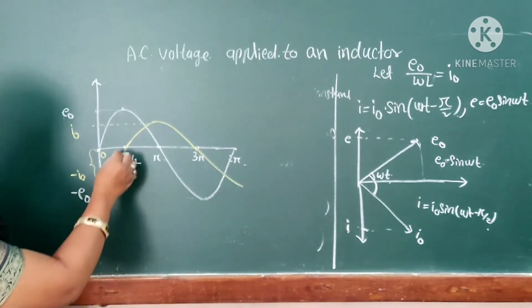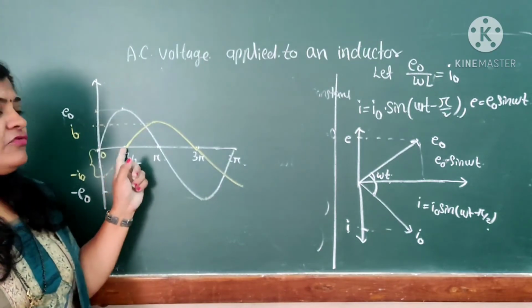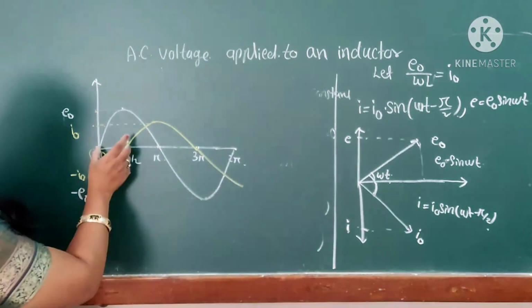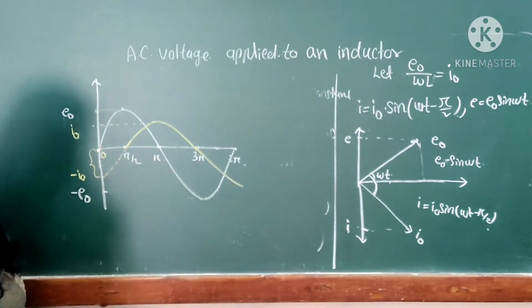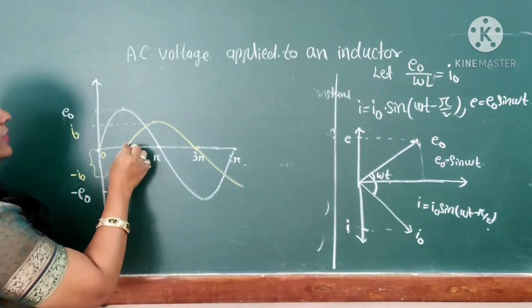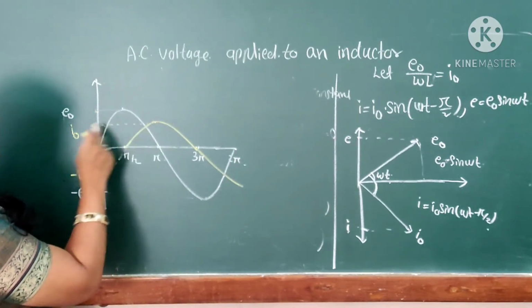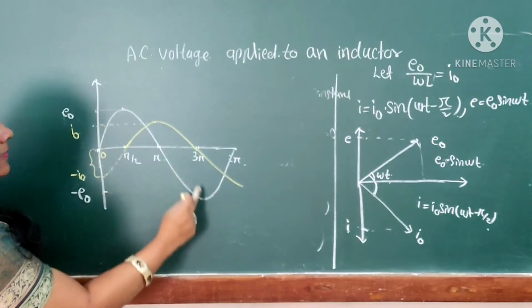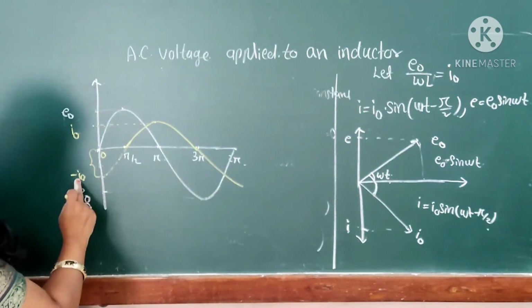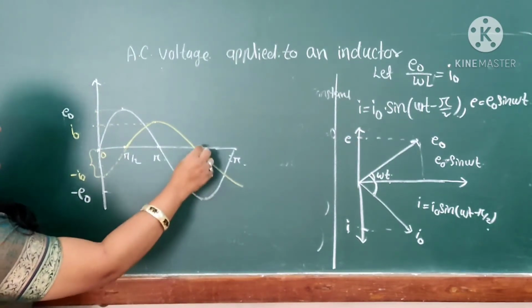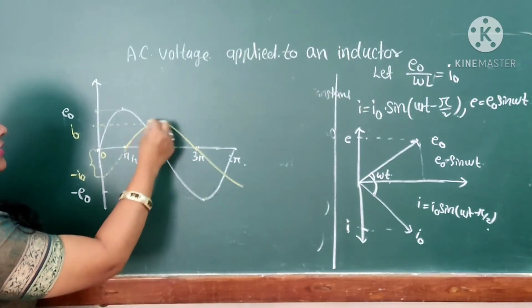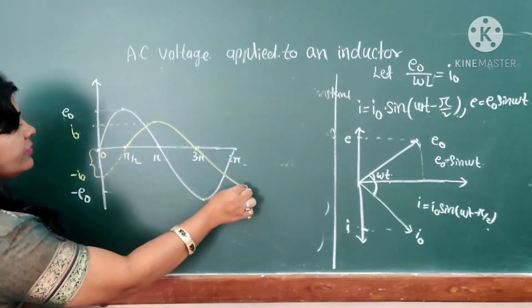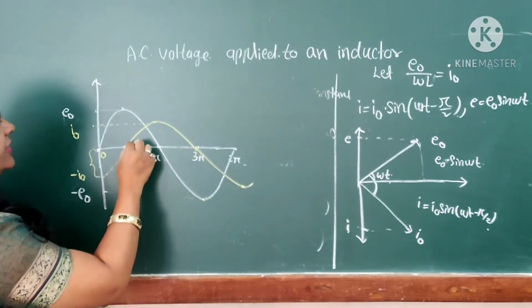The current starts from pi by 2 because the difference between these two graphs is pi by 2. The maximum of the current is I naught, and the minimum is minus I naught. Mark these and join the next graph, in yellow color.